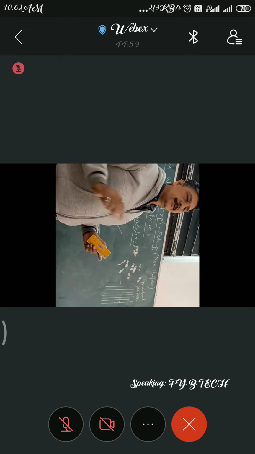So write down the answer: fringes are localized means the fringes can be seen with the naked eye. Why are the fringes localized? Because the fringes can be seen with the naked eye.